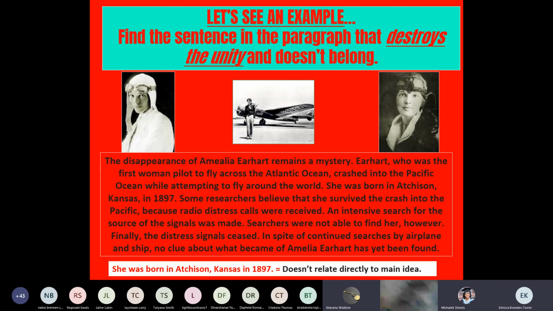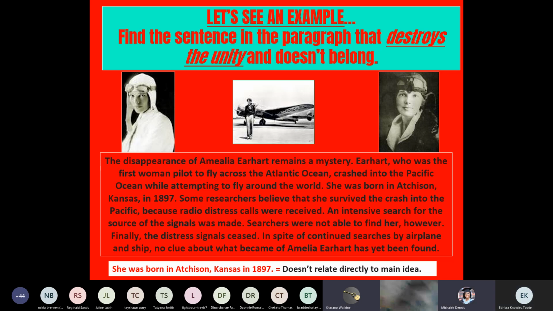Somebody says the disappearance of Amelia Earhart. Are you sure that is the topic sentence? Your topic sentence is not the topic, okay? I don't want you to confuse topic sentence with topic. That's right.